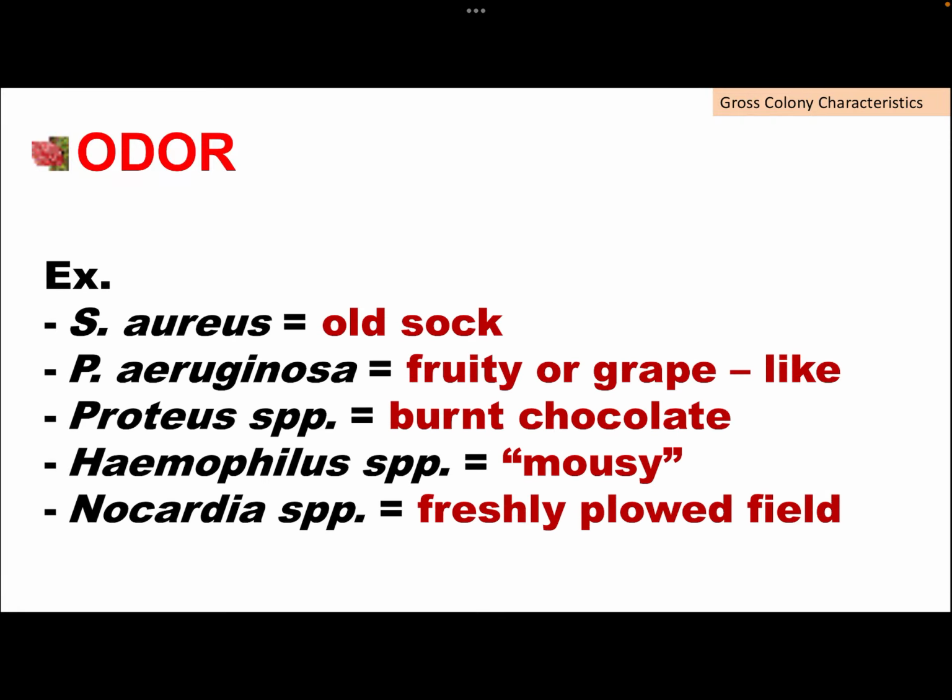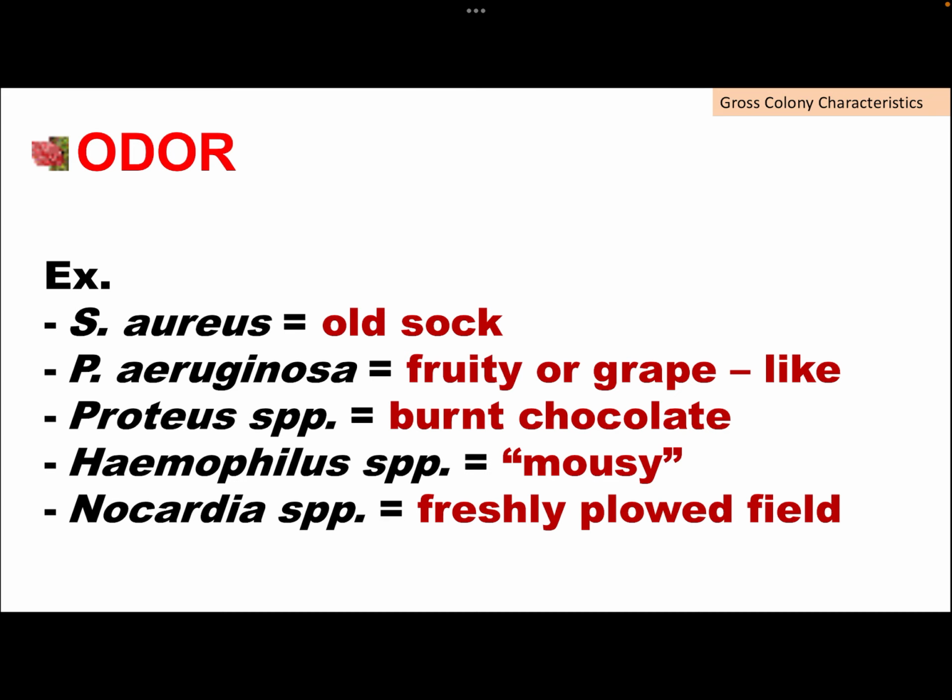We don't usually intend to smell the culture, except if we are streaking or doing the workup and we can smell the odor of the microorganism. But here are examples of the odors of microorganisms. For S. aureus, it can be an old sock odor. For Pseudomonas aeruginosa, fruity or grape-like.